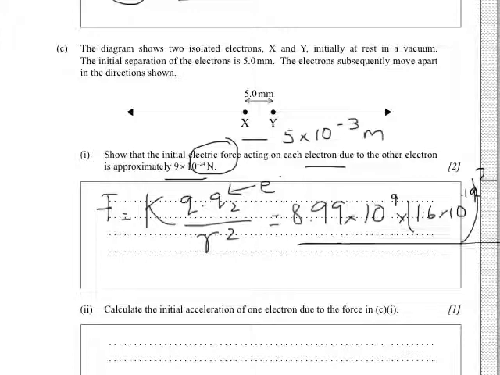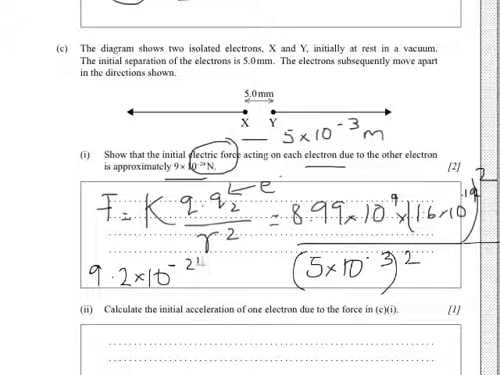And then all of that divided by 5 times 10 to the minus 3 squared again. And that would give us an answer of 9.2 times 10 to the minus 24 newtons.